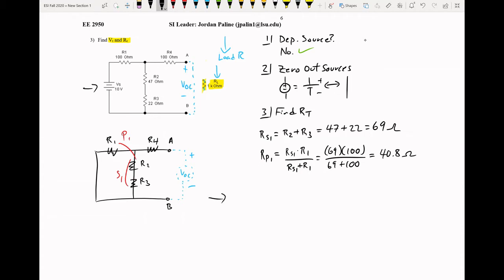Okay, so let me redraw it one more time. This is A, B, resistor 4, and this is R parallel 1, and VOC plus minus.